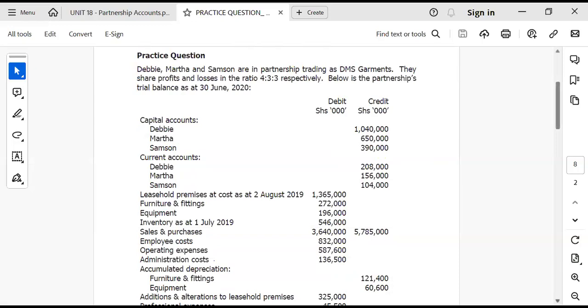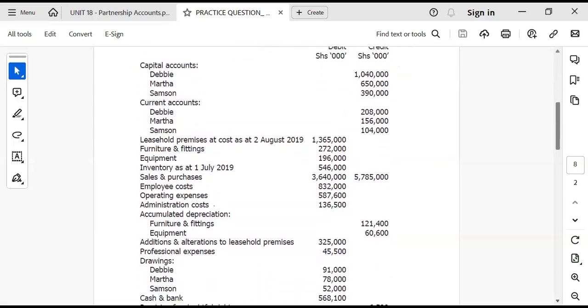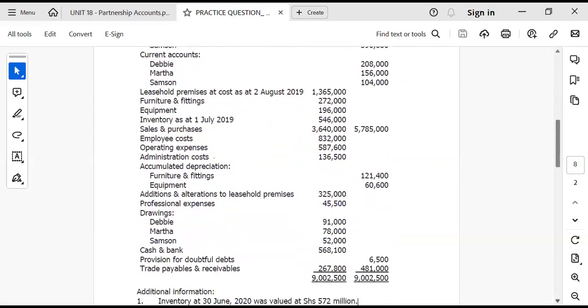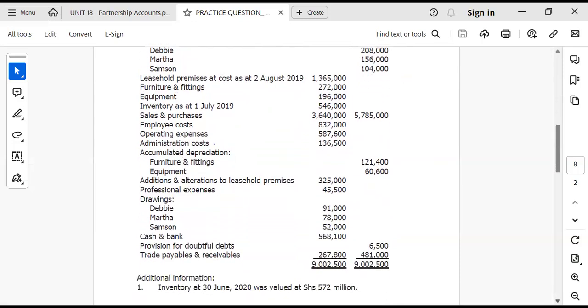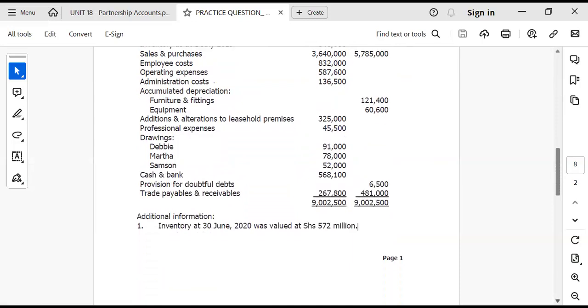Please let's try to participate so that we are at par. Did we have any sales returns, class? We have a question in our group. When you look at the question, do you see any sales returns?